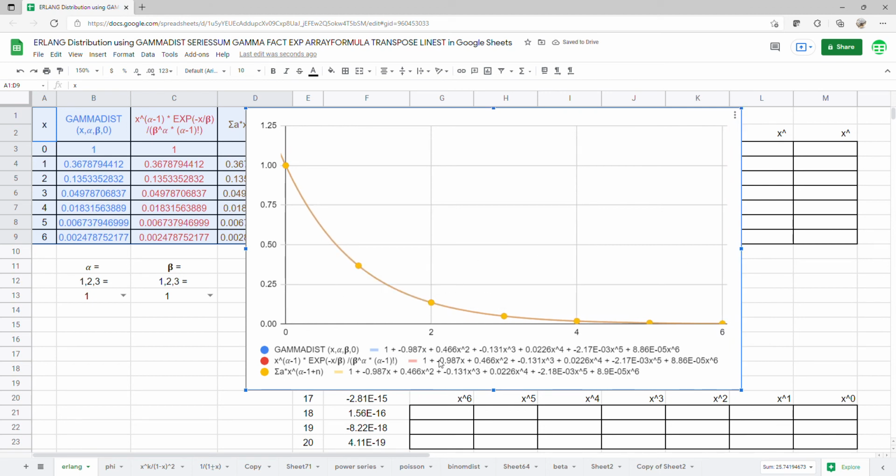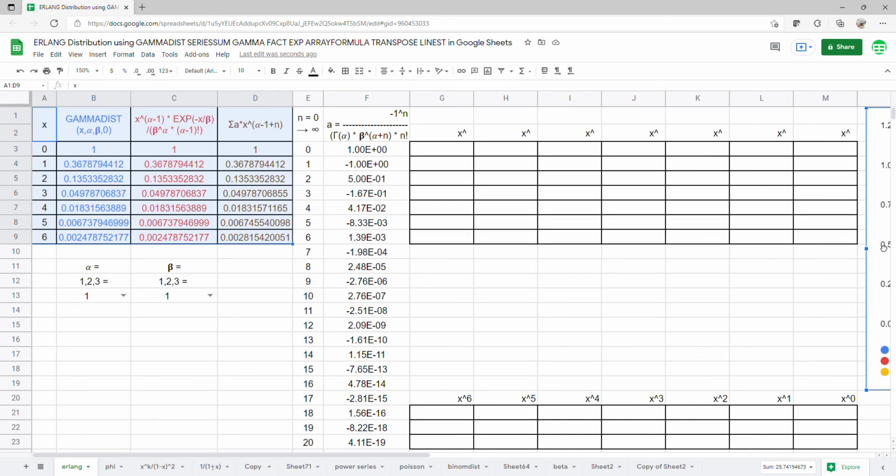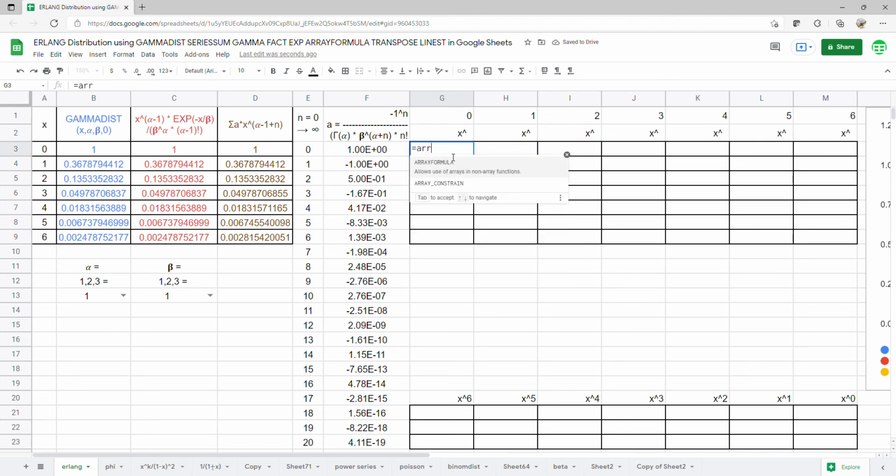Next, we calculate the polynomial regression coefficient using LINEST. To do that, we complete the LINEST matrix, starting with the power. Transpose 0 to 6. The elements of the LINEST matrix is equal to array formula of the x values raised to the power 0 to 6.